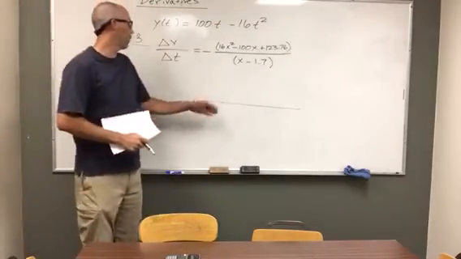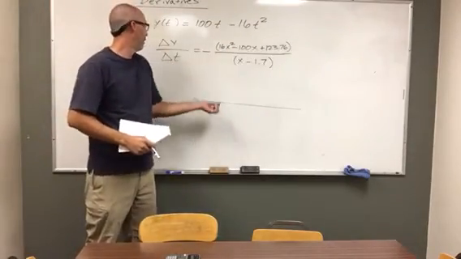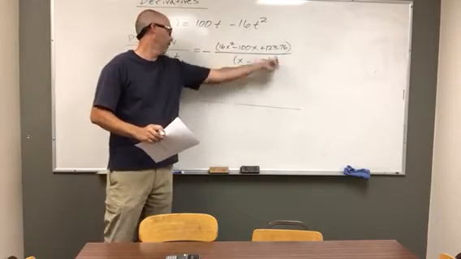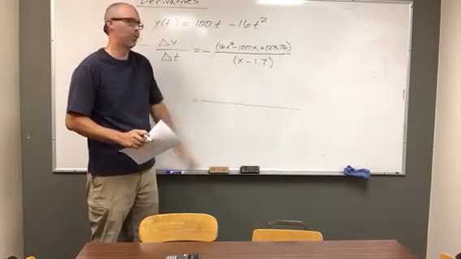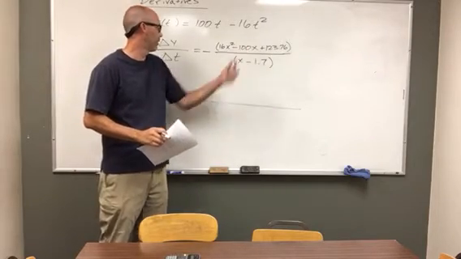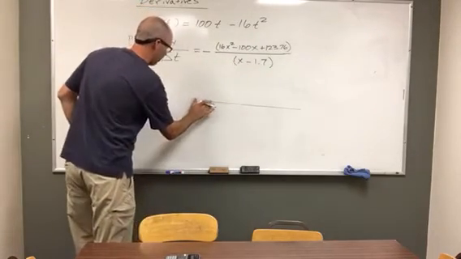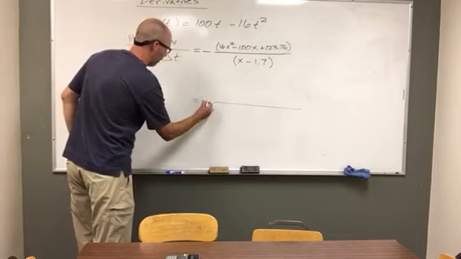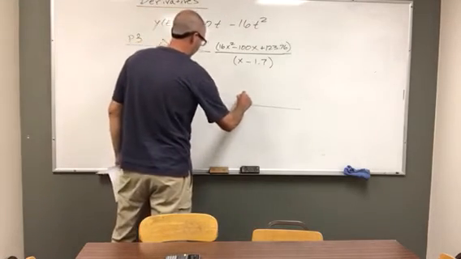Now, because when you plug in 1.7 in for x, you get 0 over 0, what that tells you is that there's an x minus 1.7 in the top. Need that negative there.